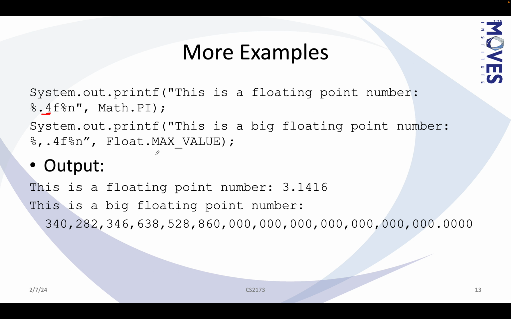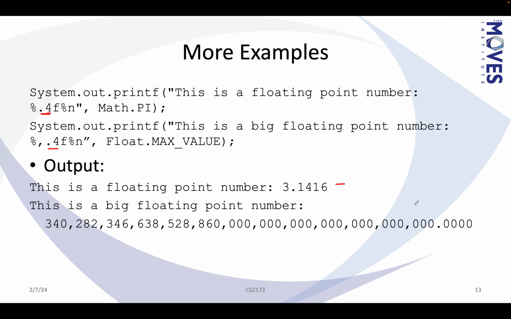And here's a big floating point number I want with 4 decimal places and separated by commas. This one is pi to 4 places. If I leave the dot 4 off, it will just print the whole thing. And here's a big floating point number. I was going to use the double one, but that would go out into the hall. Notice it gives the commas, but then gives me 4 decimal places here.